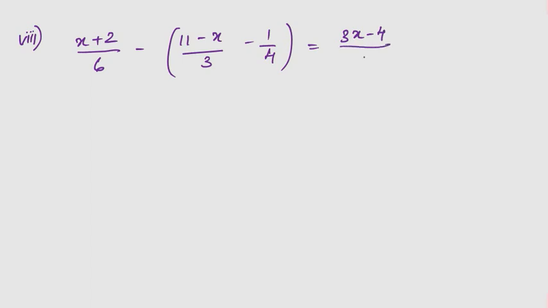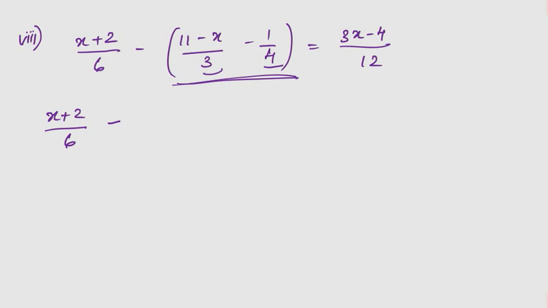Next question, x plus 2 by 6 minus 11 minus x by 3 minus 1 by 4 is equal to 3x minus 4 divided by 12. So first we need to solve the bracket terms. So take x plus 2 by 6 as it is, minus, so here the denominator values are 3 and 4.